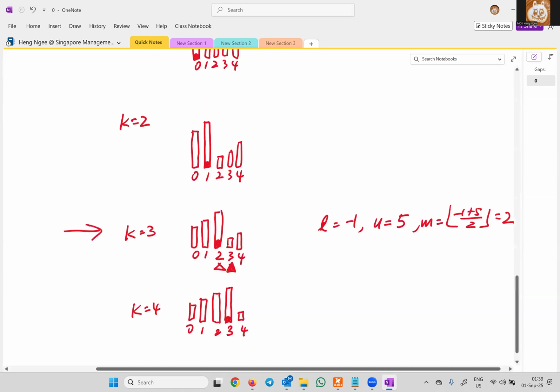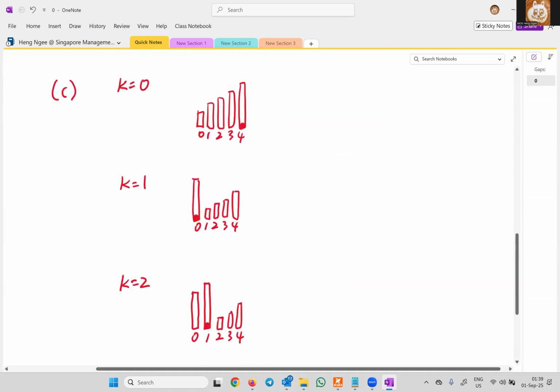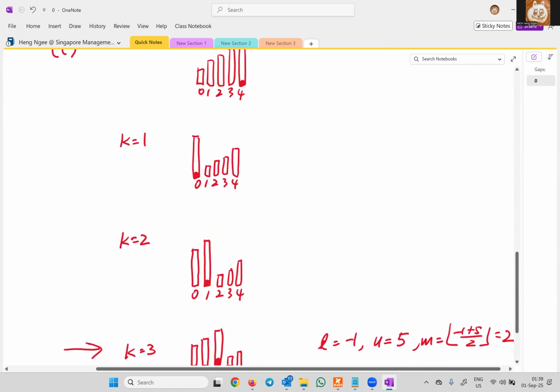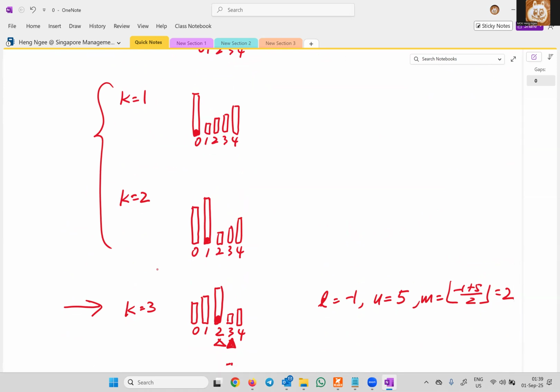Let's think about the situation when k is 1 and k is 2. Here is 2. Now, in these two scenarios, the peak is on the left of the midpoint. So the midpoint is 2, and we want to discard the right half.